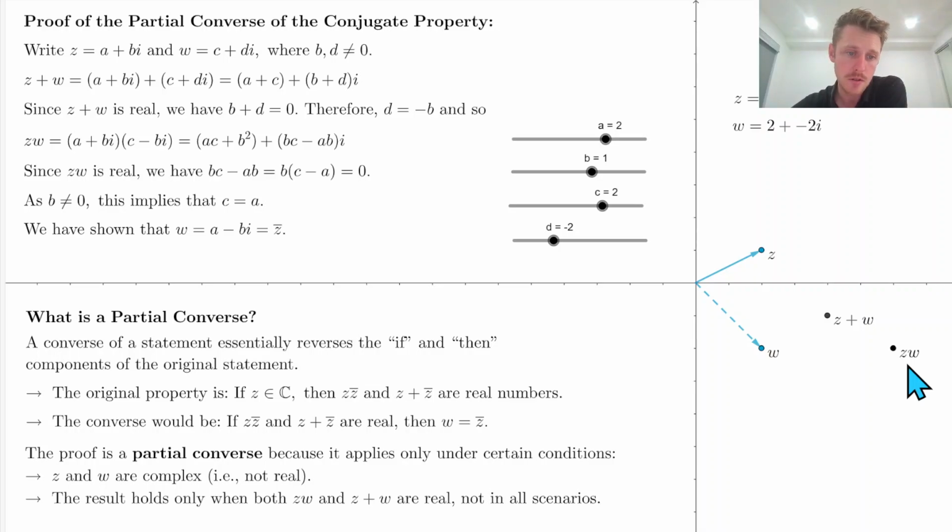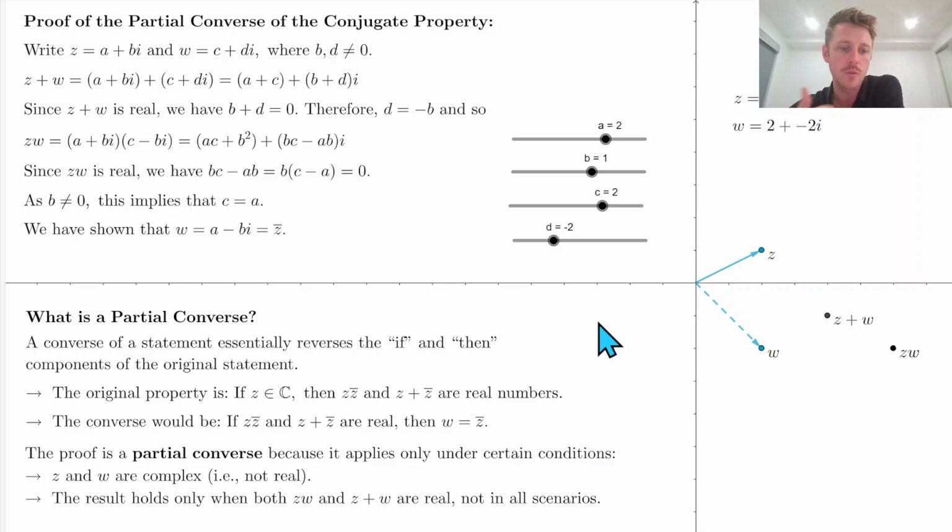So now let's think about why it's called the partial converse, and I think this can be quite tricky. Thinking back to some of the logic that we've spoken about before, a converse of a statement essentially reverses the if and then components of the original statement.